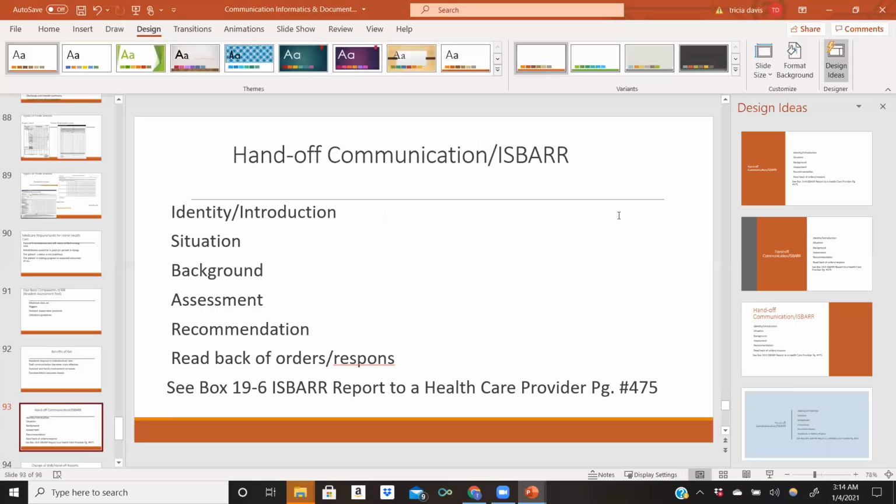Handoff communication, or ISBARR. To report is to give, and when you're reporting, you're giving an account of something that you've seen, something that you've heard, something that you've done, or something that you're considering. Reporting can be oral, written, or computer-based communication of patient data to other people.